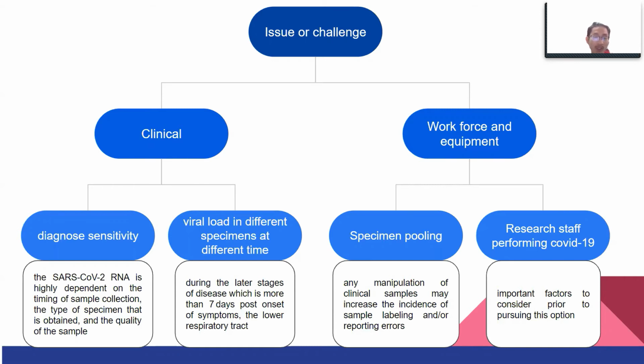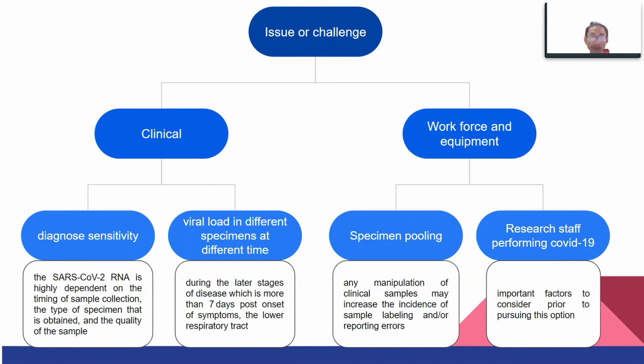The timing of sample collection is connected to the second challenge, which is the viral load in different specimens at different times. I should state that during the later stage of disease, which is more than 7 days post onset of symptoms, the sample can be obtained from the lower respiratory tract. So as I say, a challenge in the diagnostic test for COVID-19 is the timing.